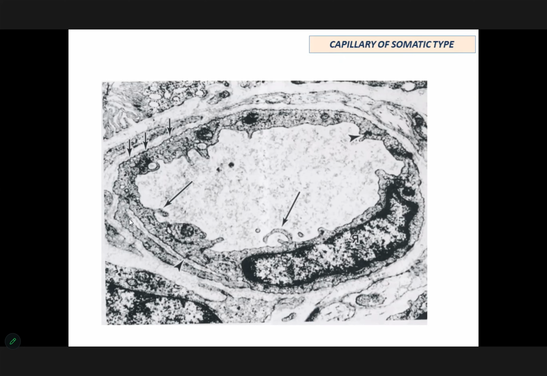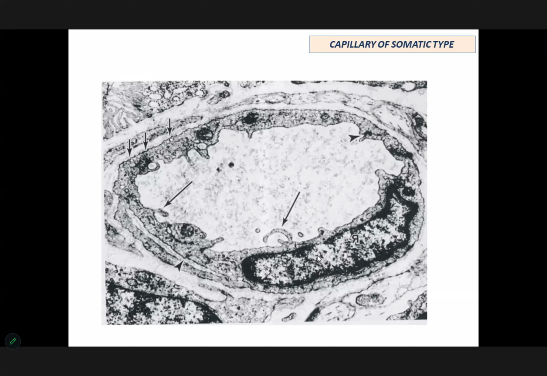And here you can see a portion of a cut-off cytoplasm of a pericyte. Why is this the pericyte? Because you can see the basement membrane, this grayish line, here and here also. So pericytes are covered with the basement membrane from all the sides. So this is the part of the cytoplasm of a pericyte.